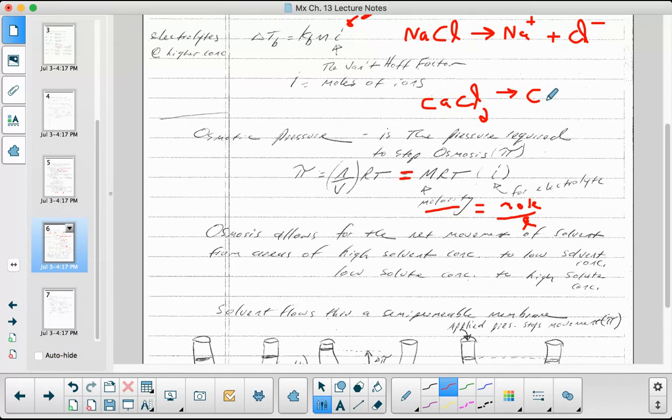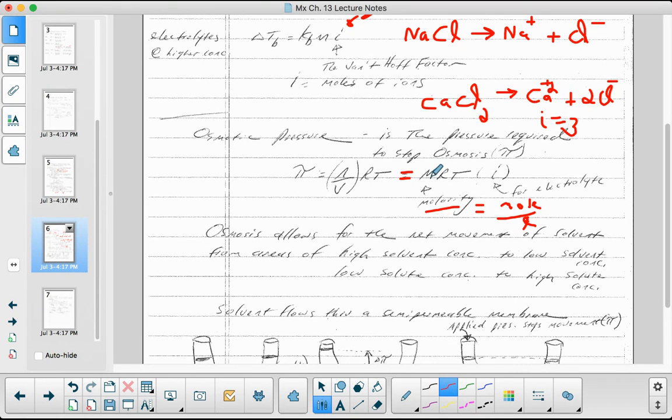It would break up into 1 positive 2 calcium ion, and it would break up into 2 moles of chloride ion. And so in this scenario, what I would have is an I value equal to 3. So those are just some examples of how I can vary.